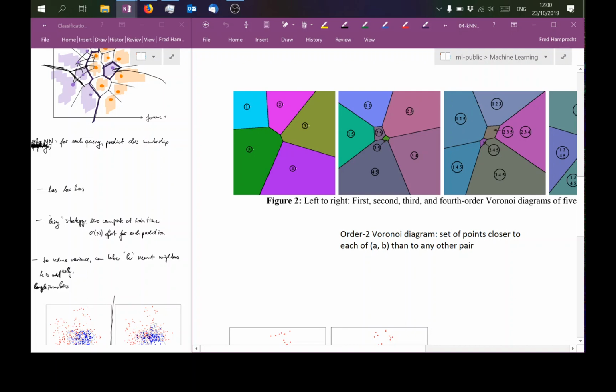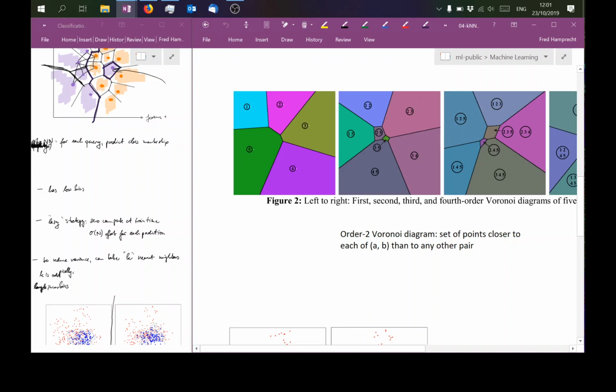Then there are higher order Voronoi diagrams. For example, this is a second order Voronoi diagram, and I've put in words what it does. It delineates in these regions the set of points for which, if we take the left example, which is turquoise, the points 1 and 5 are the 2 nearest neighbors.